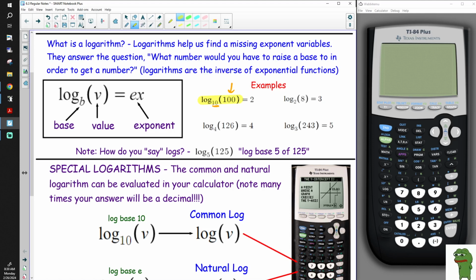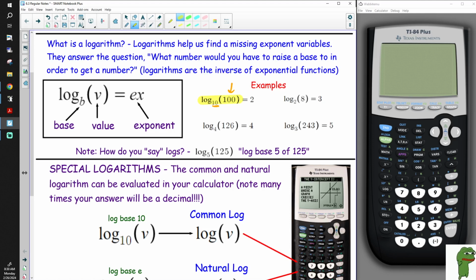The log found the exponent we need to raise the base to get it to the inside value.